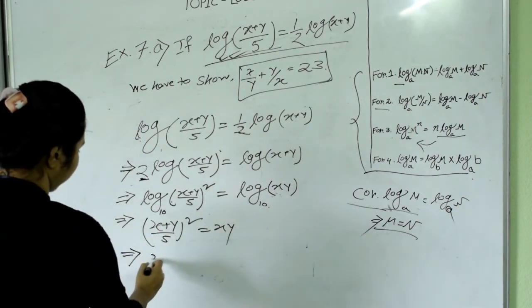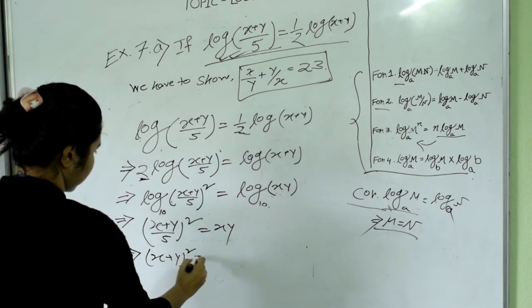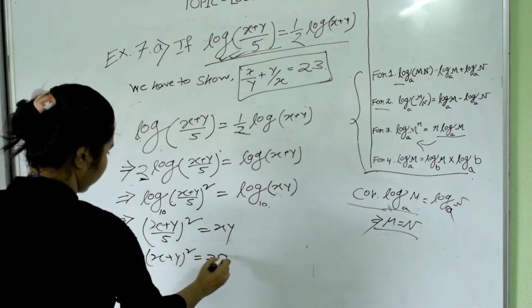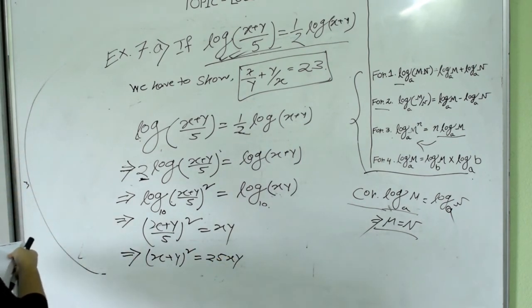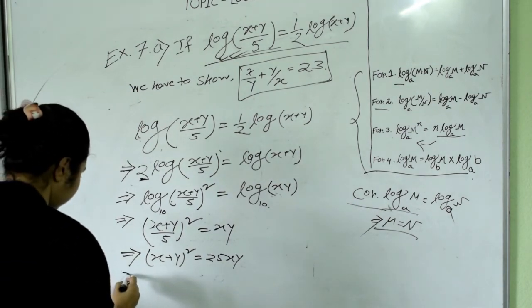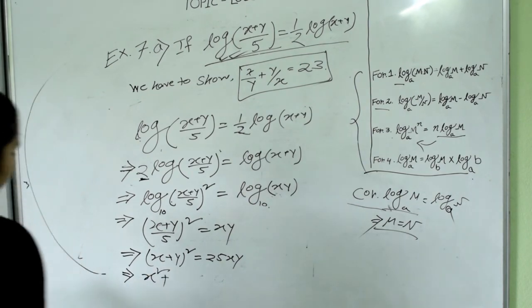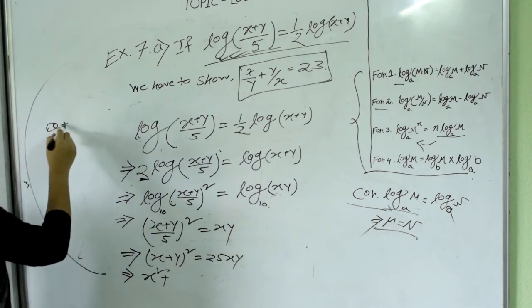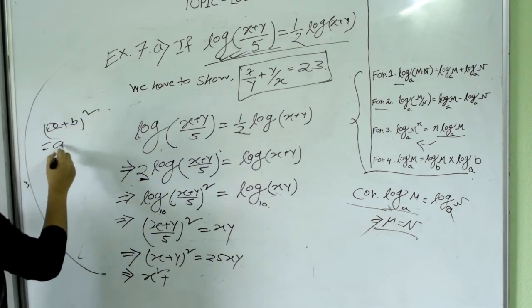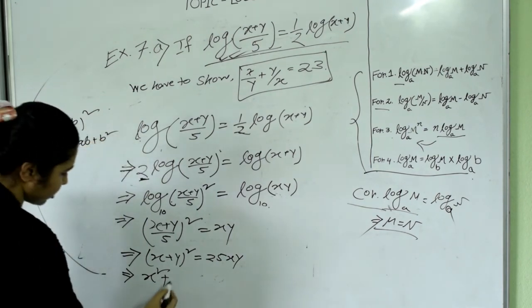Now take square, that means (x plus y) square equals to 25xy. Now we know (a plus b) whole square is equal to a square plus 2ab plus b square, right? Just write this formula.